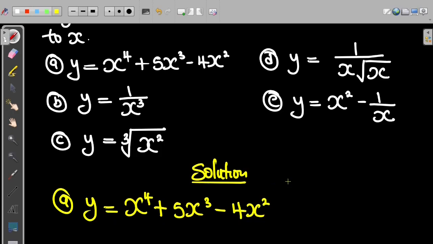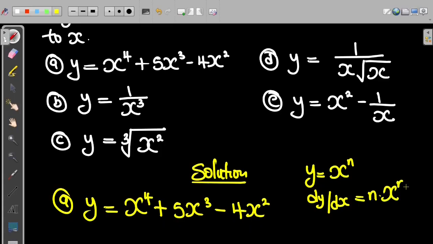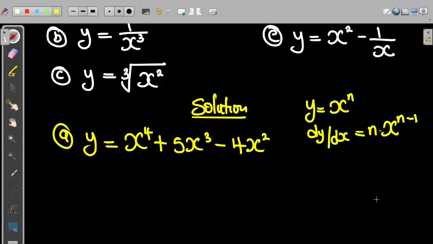Just a quick reminder that if y is equal to x to the power of n, dy over dx is equal to n multiplied by x to the power of n minus 1. So at this point, dy over dx will be equal to, for the right-hand side, we are going to differentiate each of the terms.